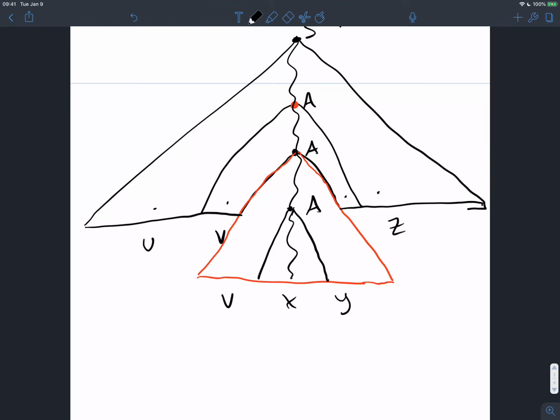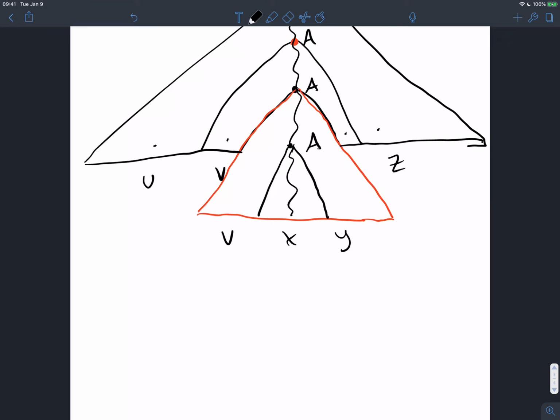Could I keep doing this process over and over and over? So what can you tell about what strings are in the language? Is U, 2 copies of V, X, 2 copies of Y, Z. Did I just make a parse tree for that string?